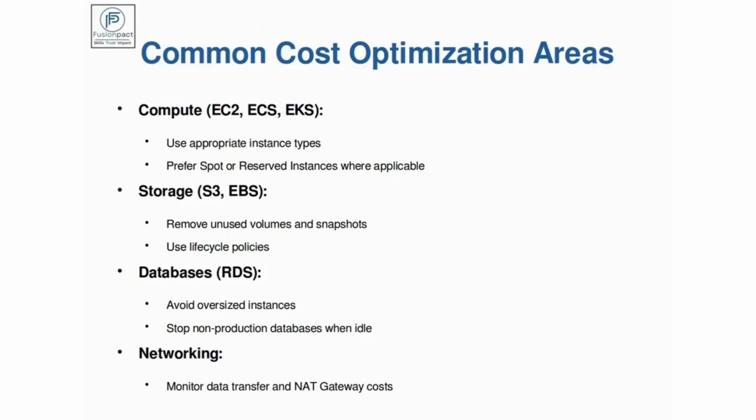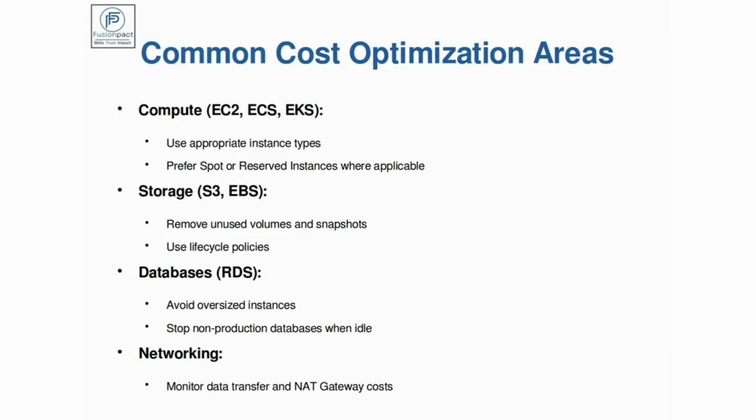Like if our app needs T2 and we are giving it more power and resources, then it's totally a wastage of resources. We can also reserve instances if we need them for a longer period of time. Reserved instances have a lower cost compared with on-demand instances, so we can also do that.